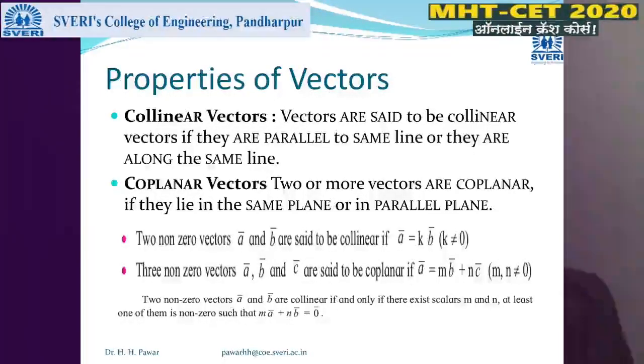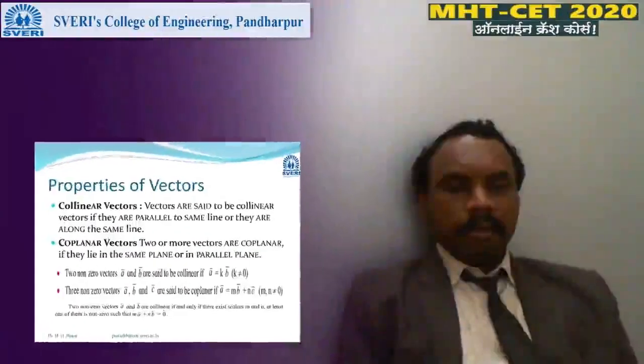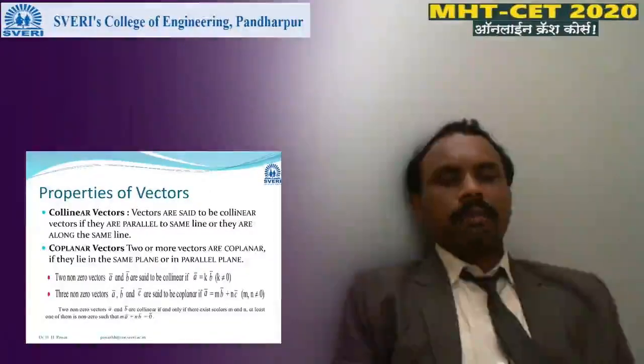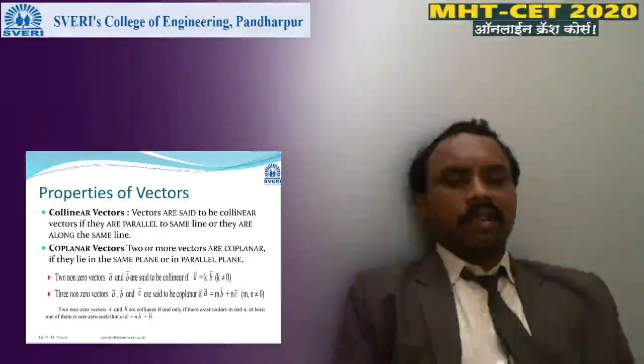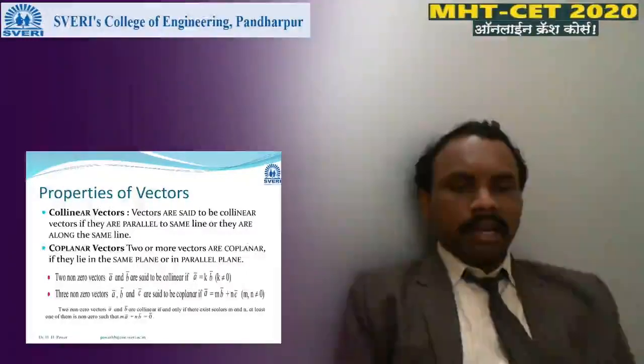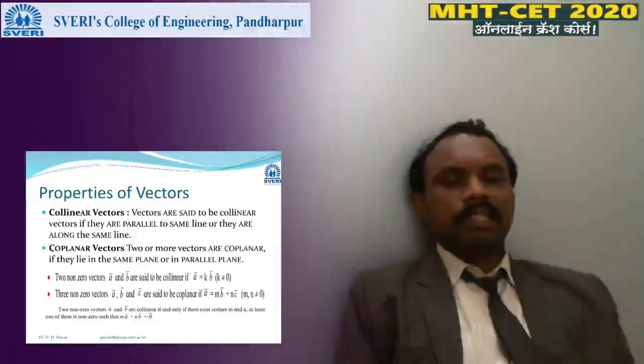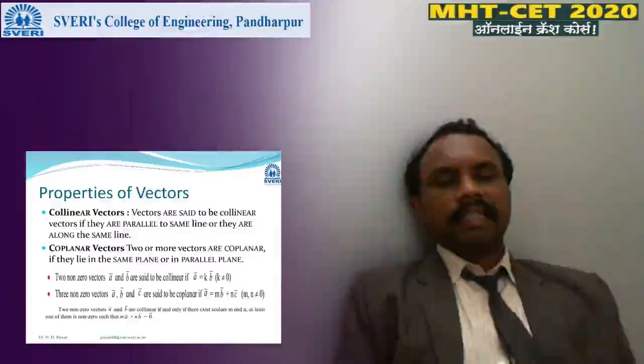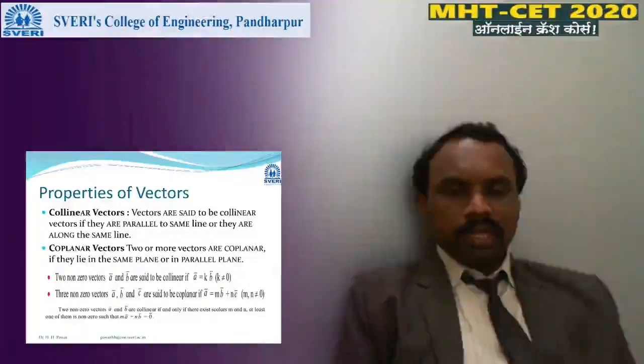Now these are some conditions. Two non-zero vectors a bar and b bar are said to be collinear if a bar is equal to k b bar for any k not equal to 0, and three non-zero vectors a bar, b bar and c bar are said to be coplanar if a bar is equal to m b bar plus n c bar. In this case m and n are not equal to 0.